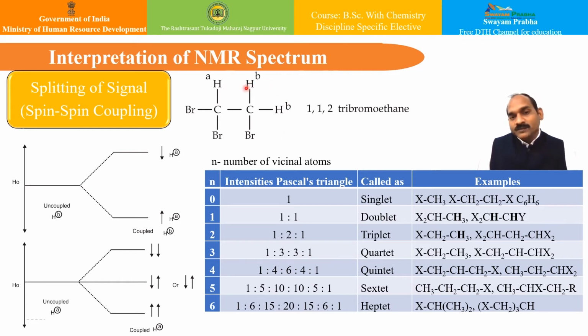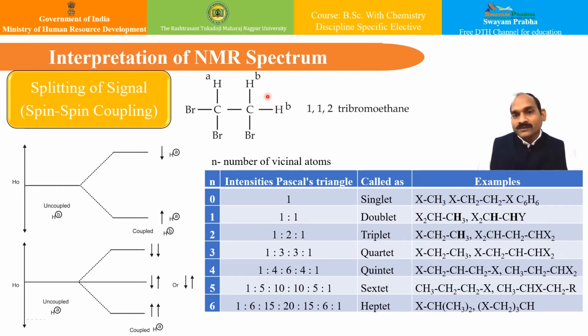This effect on the B kind of proton, of the field generated by the A kind of proton, is called coupling. Both possibilities are equally probable.